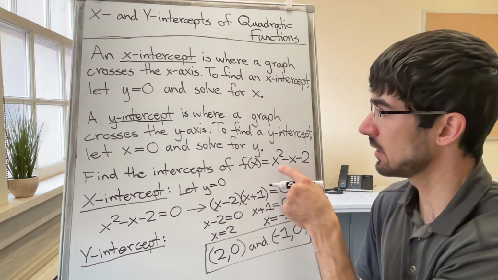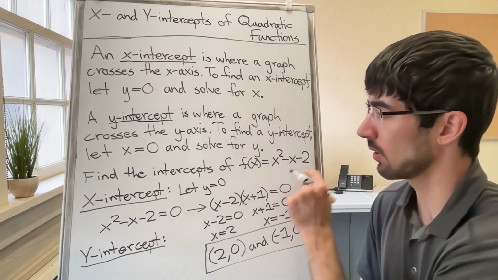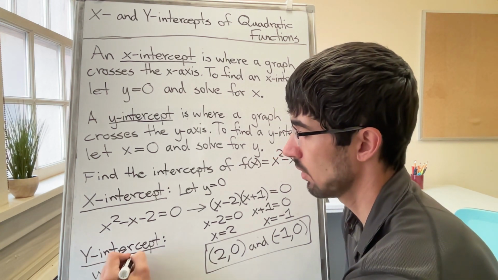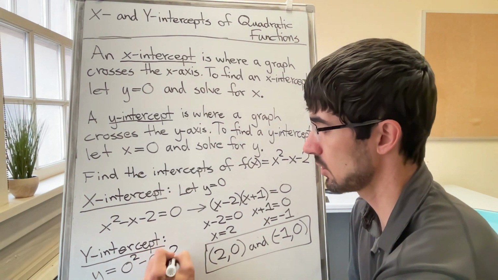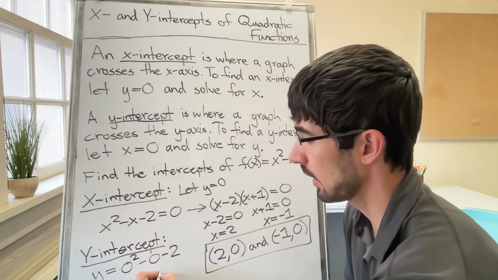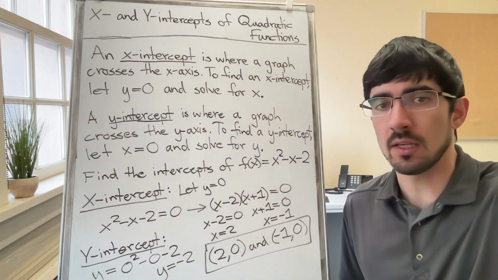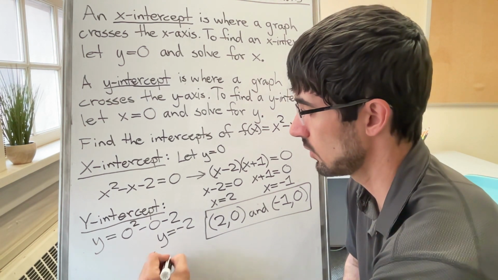But because x is the independent variable here, it's just a matter of plugging in x equals 0 and solving for y. So we would say y equals 0 squared minus 0 minus 2. And when I simplify that, I get y equals negative 2. So what's our y-intercept? Well, it's just the point (0, negative 2).